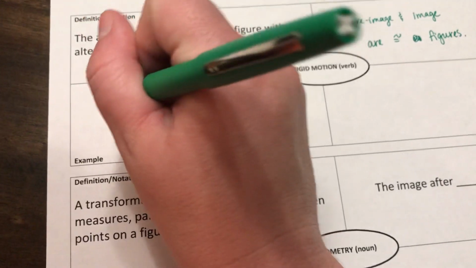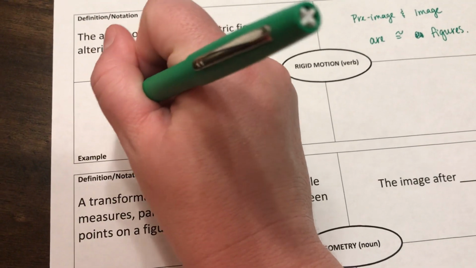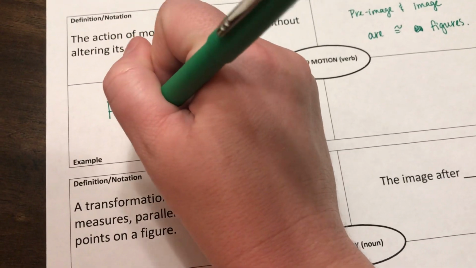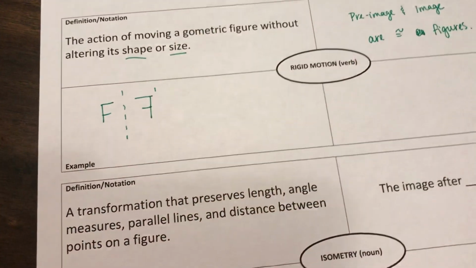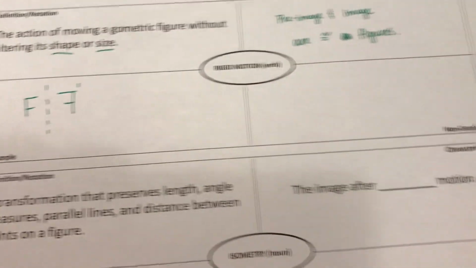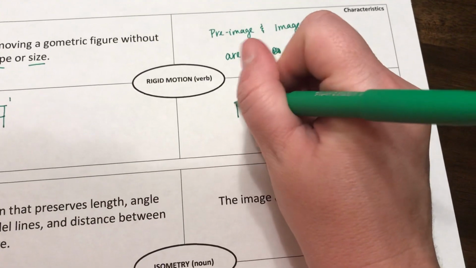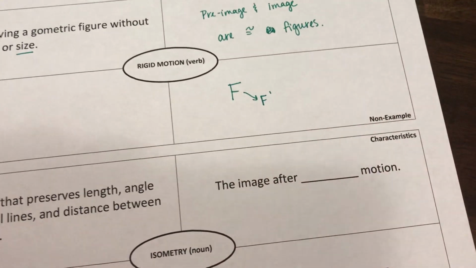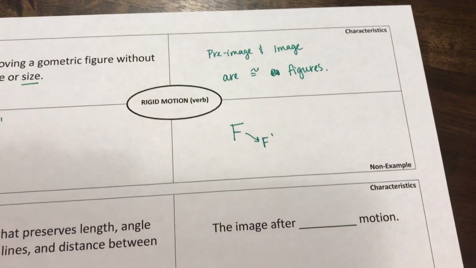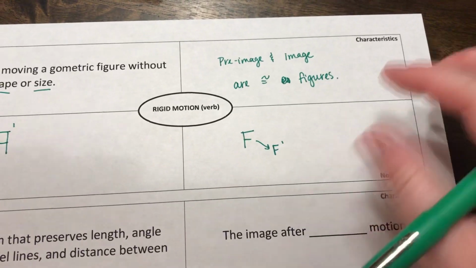For example, we can take our F again, and maybe we'll reflect it this time, but in the end, we are going to get two figures that are congruent. We are not going to take our F and shrink it or enlarge it. Okay, that's going to be a dilation, and that would not be using rigid motion.